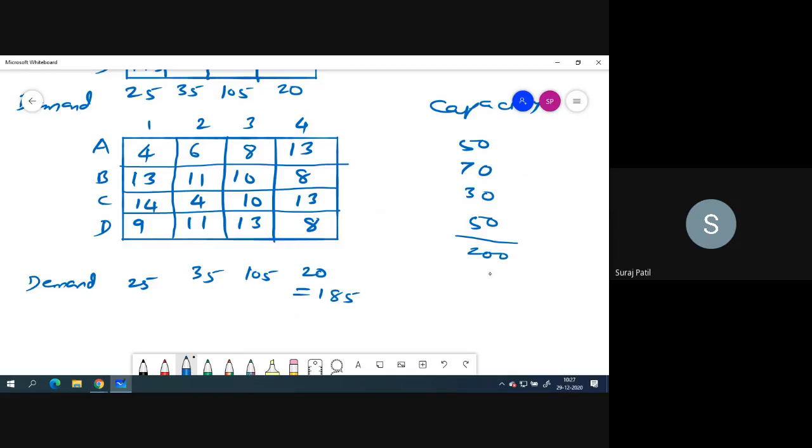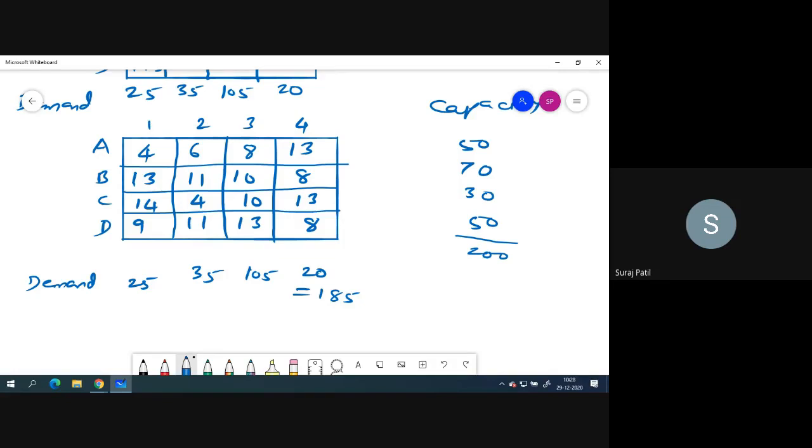So first and foremost, you need to make these supply and demands equal. By looking at the values, the demand total is 185, so 15 units of demand is less. So we need to add 15 units as a dummy demand. How shall I add?